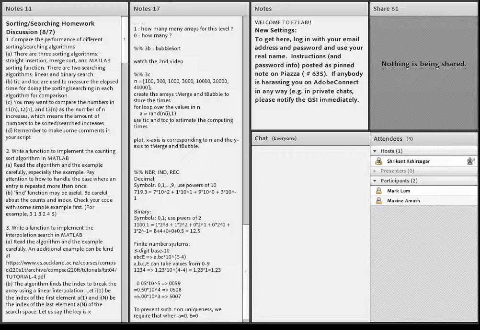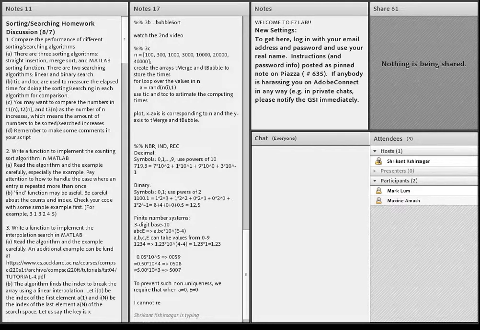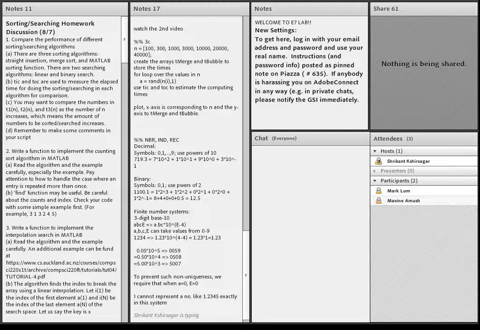Now let us look at some of the characteristics of this finite number system. Clearly, being a 3-digit number system, you can represent only a few real numbers and not all of them. For instance, I can never represent a number like 1.2345 exactly in this system.